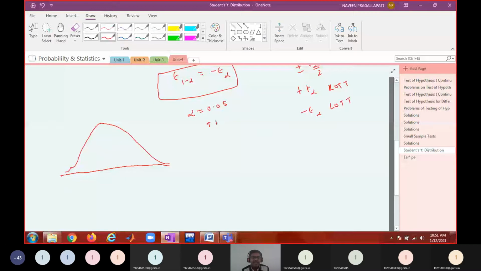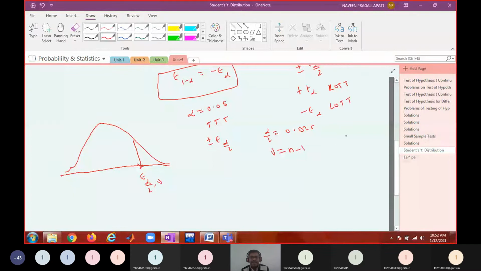Then what are the critical values? Plus or minus T alpha by 2. What is alpha by 2? 0.025. Then this is going to be T alpha by 2 comma nu. What is nu? Nu is n minus 1.